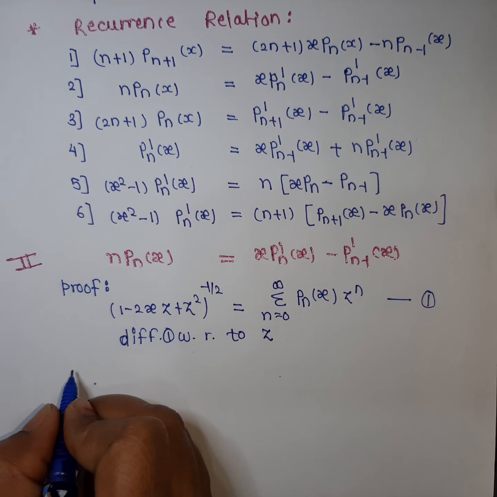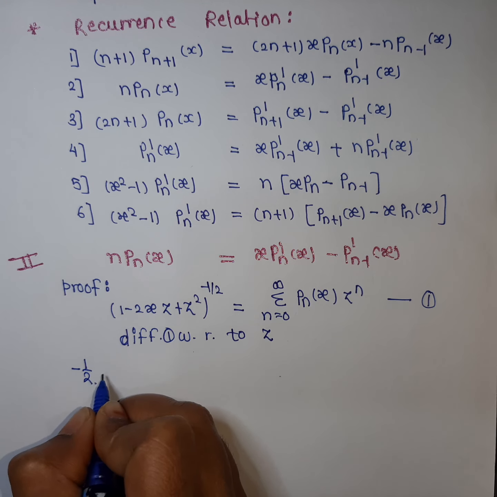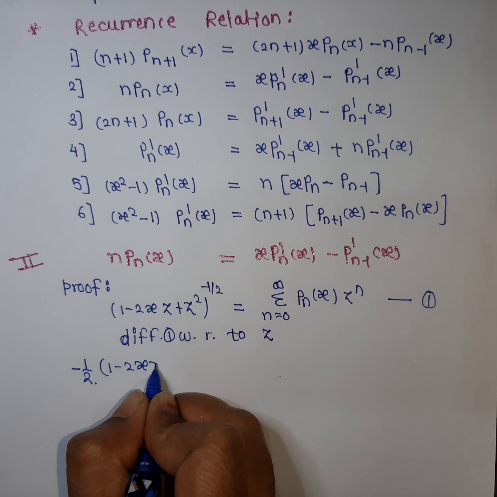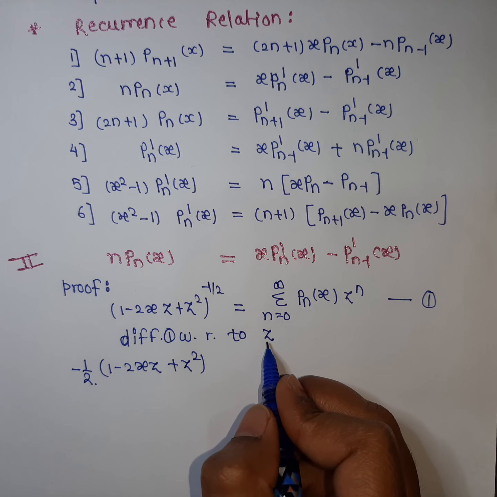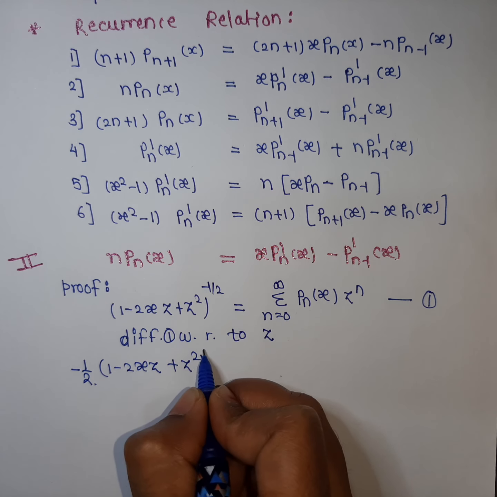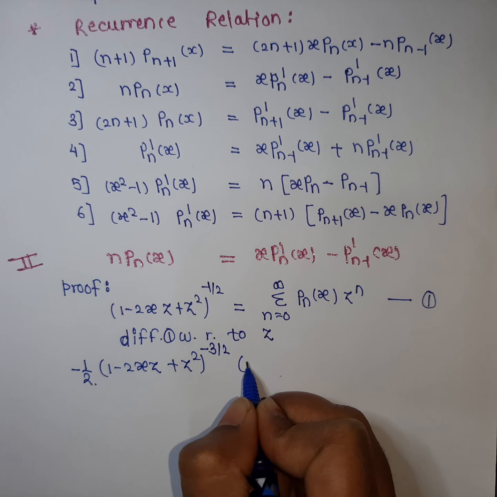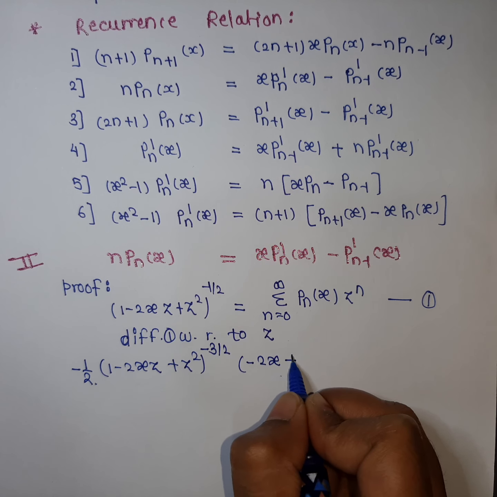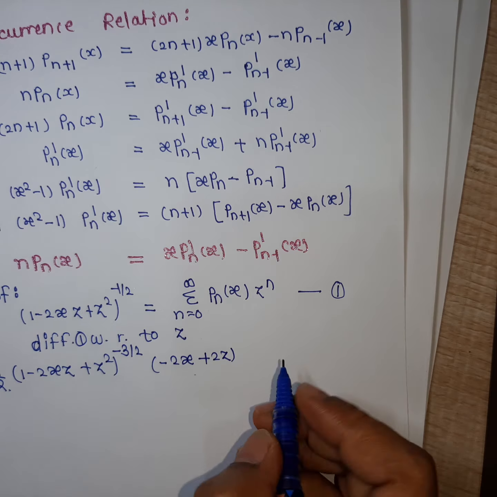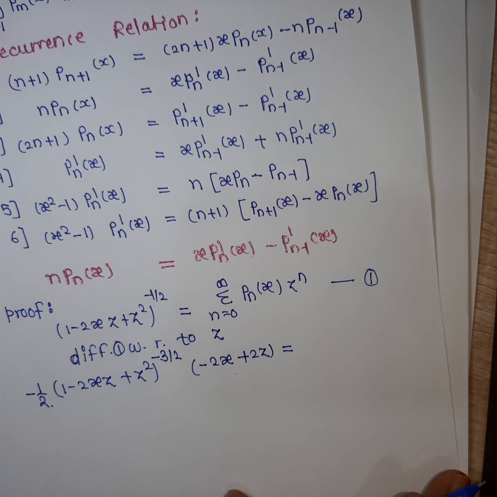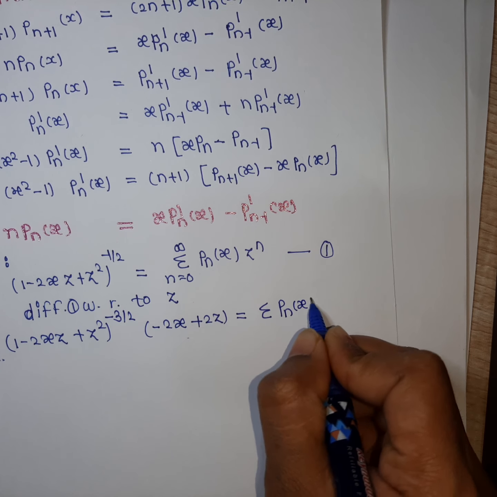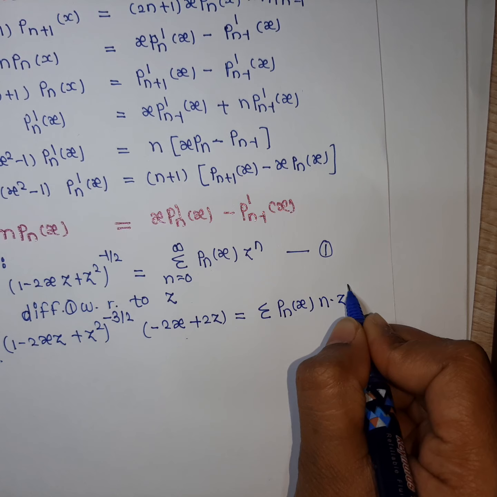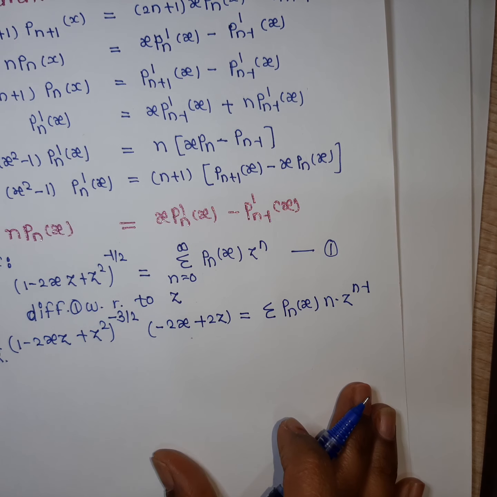Write down: minus 1 by 2, (1 minus 2xz plus z square) differentiating with respect to z, so whole power minus 3 by 2 into (minus 2x plus 2z) is equal to summation Pn of x n into z power n minus 1.